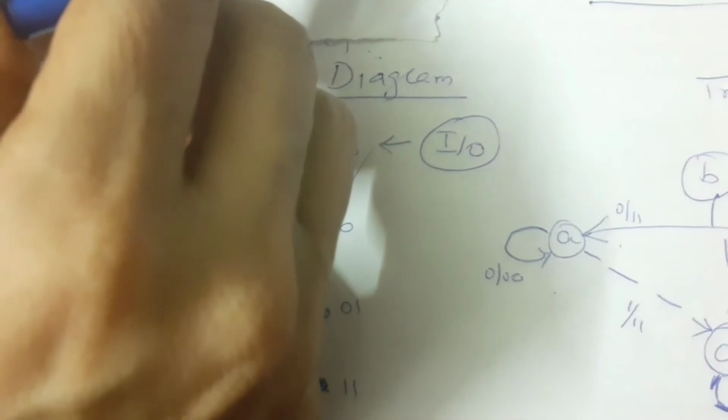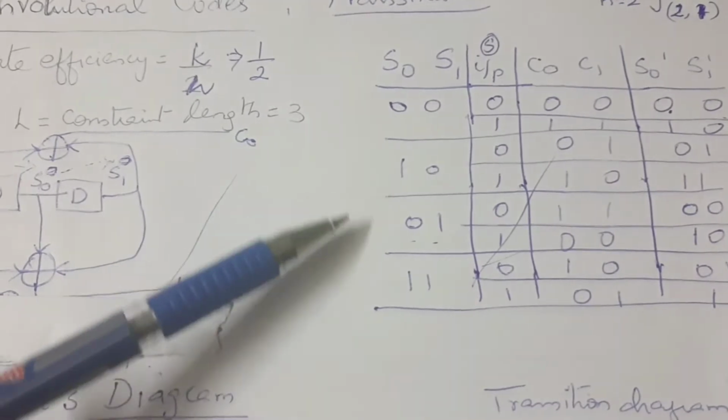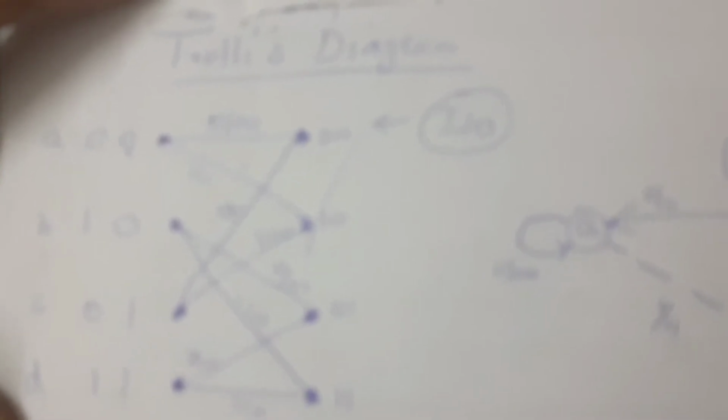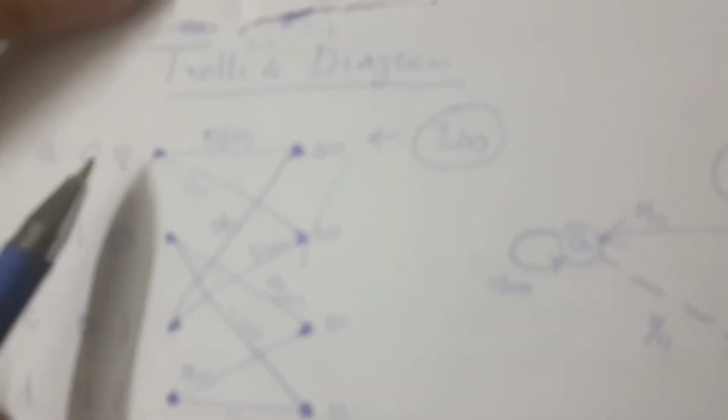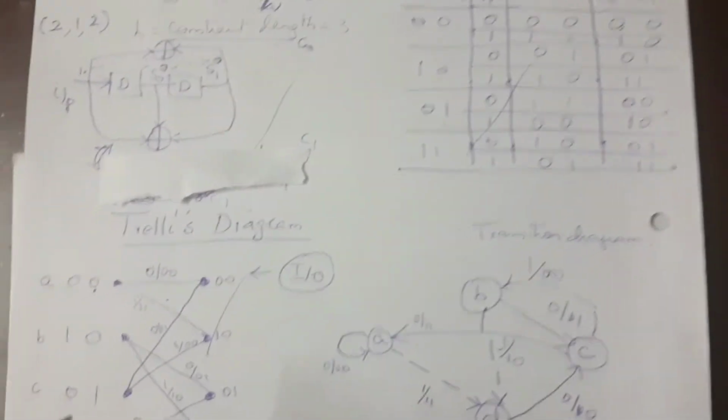So we'll take all 4 states and name them A, B, C, D. A is defined as 0, 0, B is 1, 0, C is 0, 1, D is 1, 1. Now you will look into your truth table, then we have to do the circuit. 0, 0, input is 0.